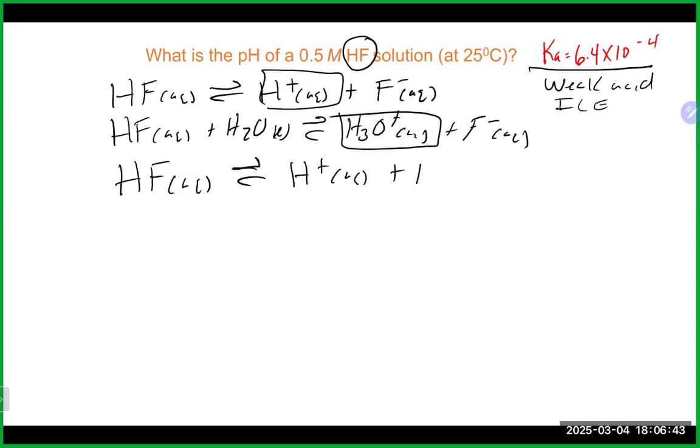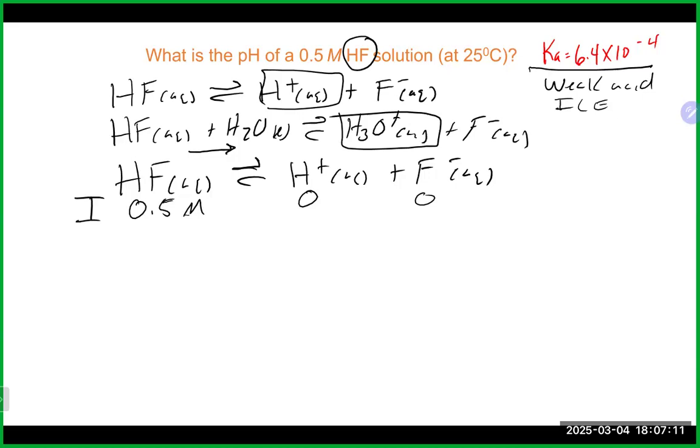And really at this point, it defaults back to a normal equilibrium problem. The only thing given to us is the initial concentration of HF. That also means we can probably safely assume that the products are going to be 0 in this case. That also helps us understand which way this reaction should be going. It should be heading towards the product side as we only have reactants to start with.